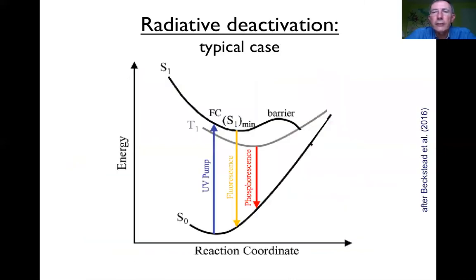rid of that energy. And so you all know what happens in molecules when you excite, UV pump, in the Franck-Condon region. You go to, say, another singlet excited state, S1. Maybe you stay there, maybe you can pass a barrier and go to a triplet state.